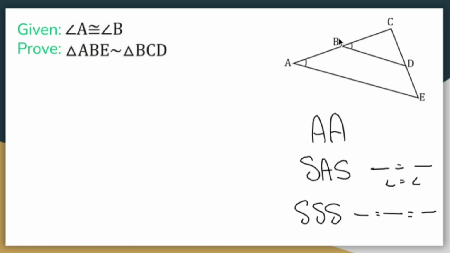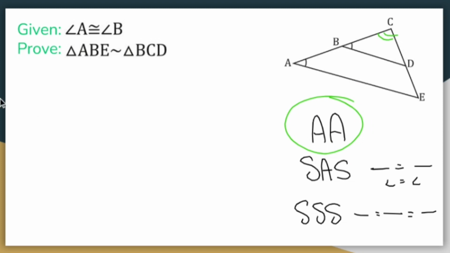I look at this and I see an angle already. So my thinking is, can I do a whole lot with the sides? No. But you know what else I can do? I could show that angle C is congruent to itself using the reflexive property. So if angle C is congruent to itself, and if I have 2 angles already, it's AA.